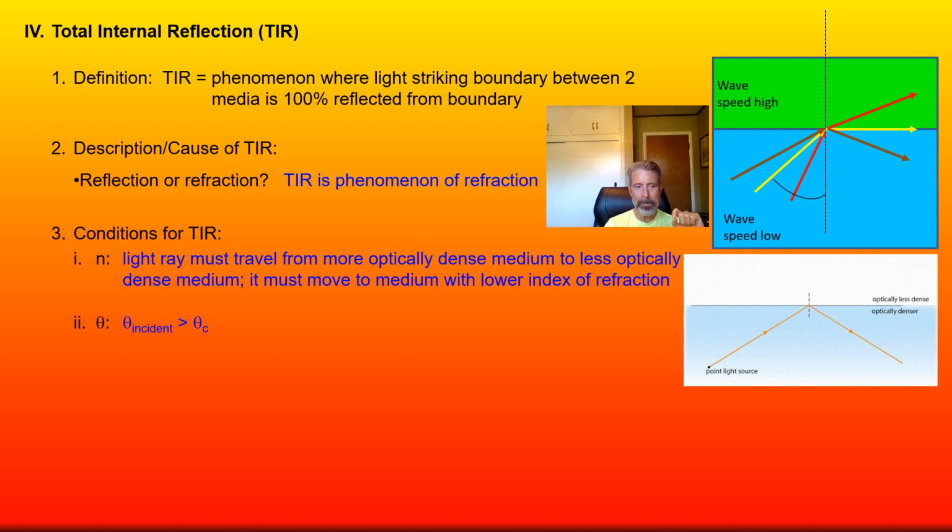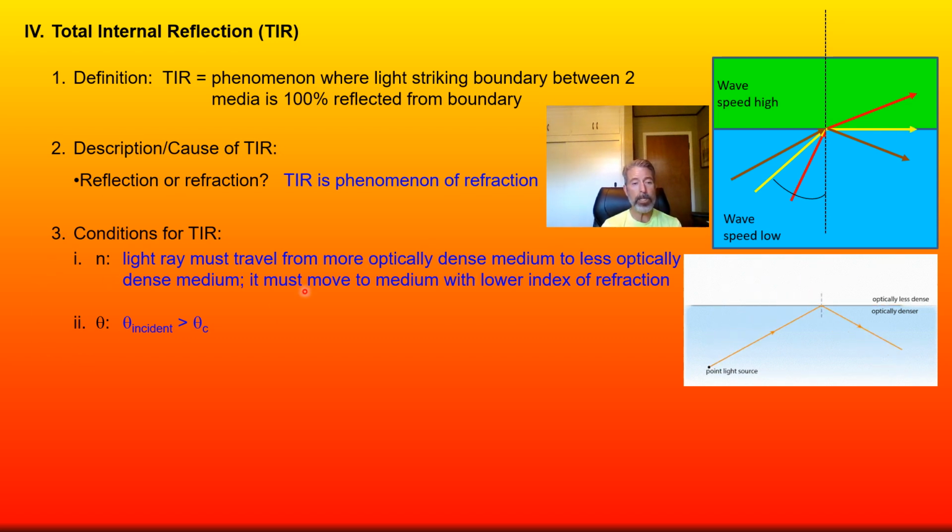And secondly, we would say that TIR happens when that angle of incidence is greater than some critical angle. The critical angle I'm showing you here in this diagram is the angle made for this yellow incident ray where the refracted ray lies right along the boundary, right along the interface.